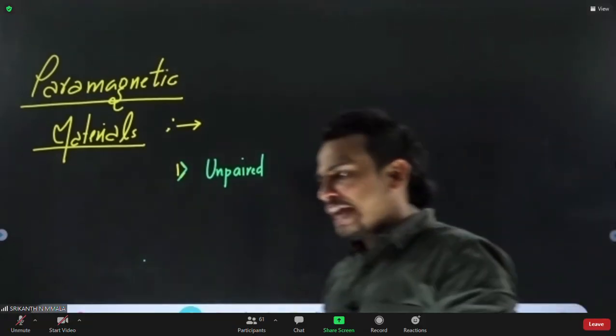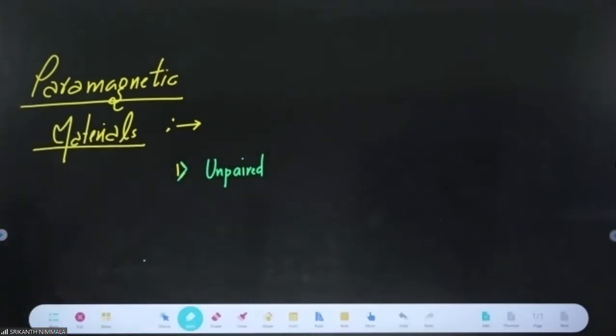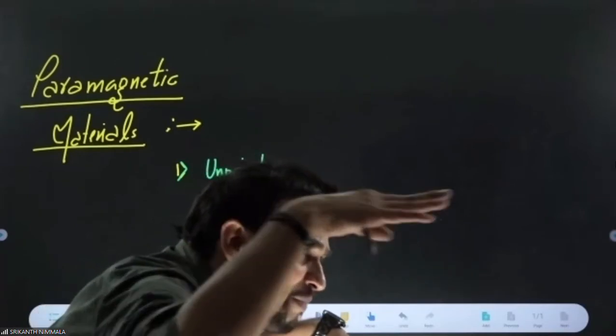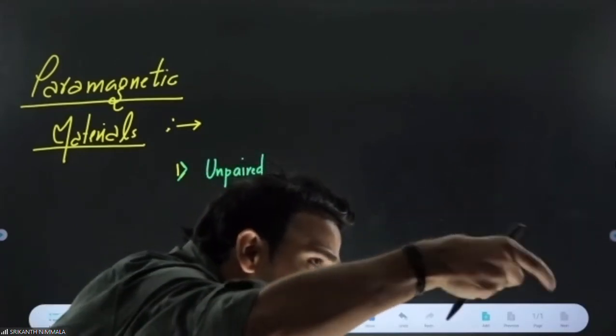Now I'm giving you 10 seconds to see all these things. First thing, paramagnetism is a property of unpaired electrons. If your body has unpaired electrons, you will get paramagnetism. Second, in paramagnetic material, the induced magnetic field is in the same direction as the applied field, but that induced field will be small.